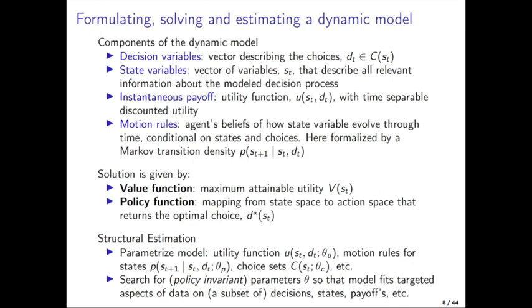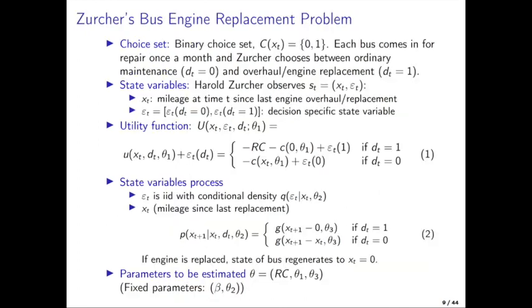This could be the joint distribution of replacement and mileage, or it could be only features of the data. If you want to do method of moments or method of simulated moments, you only look at specific features of the data, sufficient statistics to identify the structural parameters of the model. We're going to do maximum likelihood, and you'll see all the equations.